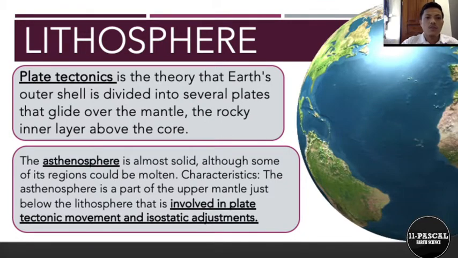When we mention the lithosphere, we also have this particular concept or topic, plate tectonics. This is the theory that the Earth's outer shell is divided into several plates that glide over the mantle, the rocky inner layer above the core. If you compare it, the Earth is like an egg.